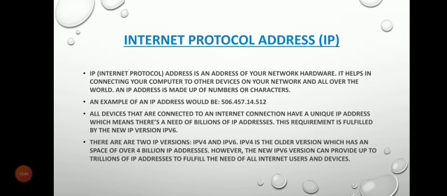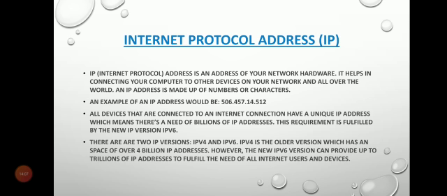Internet protocol address, IP address. Each device on the internet is given a unique address known as the internet protocol address. This is a 32-bit number which is usually written in the form of 109.108.158.1.